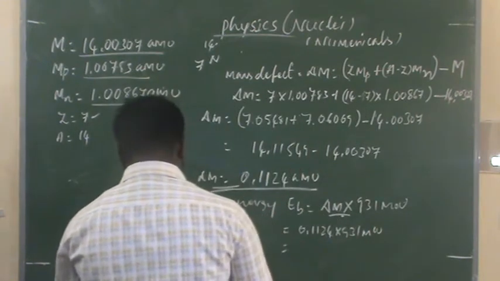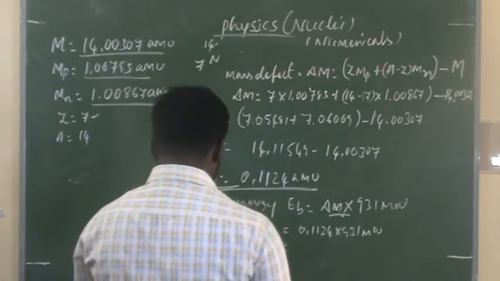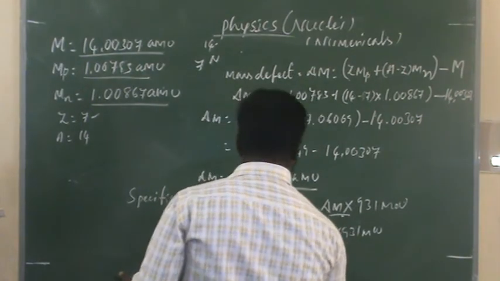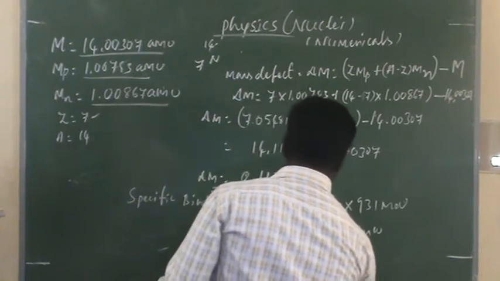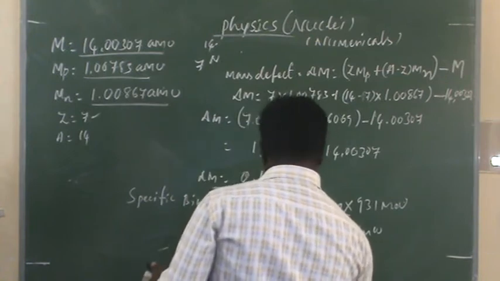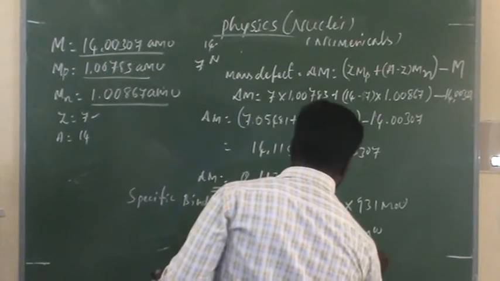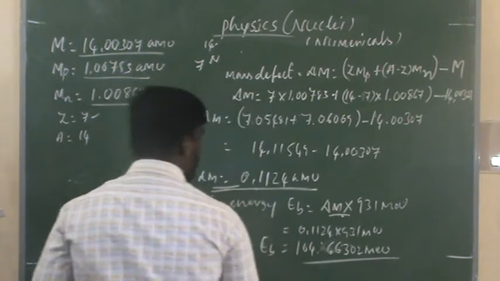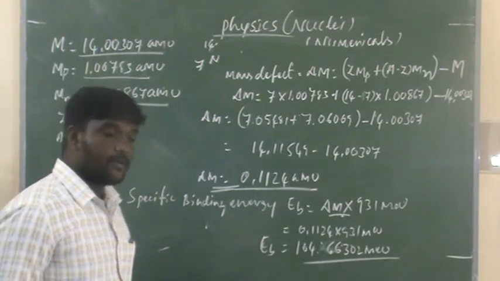Calculate, that is equals to 104.66302 mega electron volt. This is the binding energy of the nitrogen.